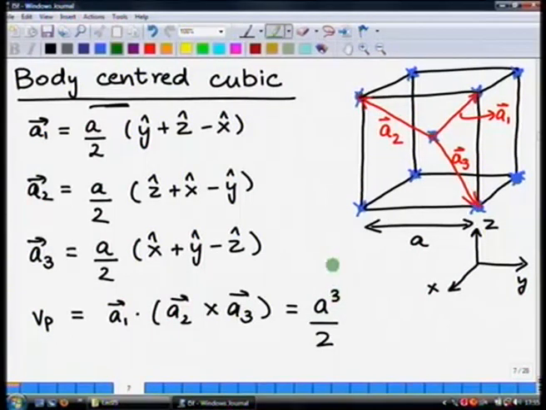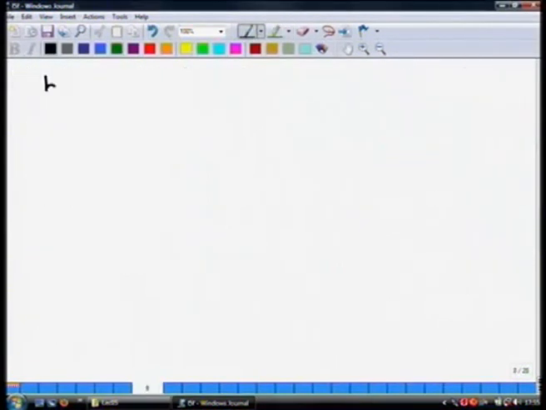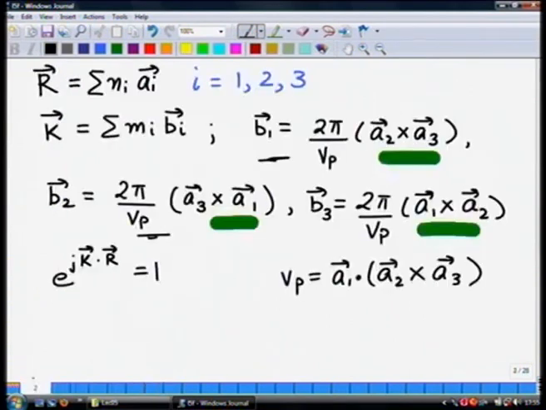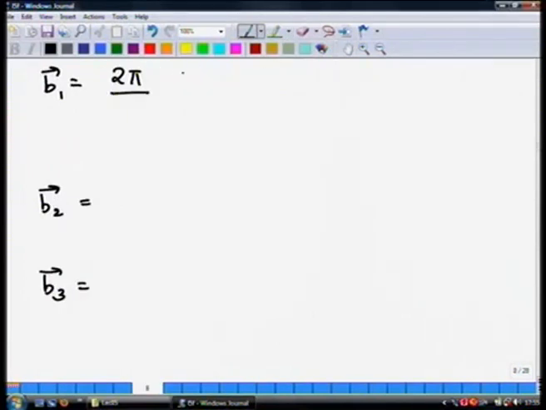With this, now let me write B1, B2 and B3. These are the three things we want to write down again. Again you use our same formula, 2 pi by Vp, A2 cross A3.